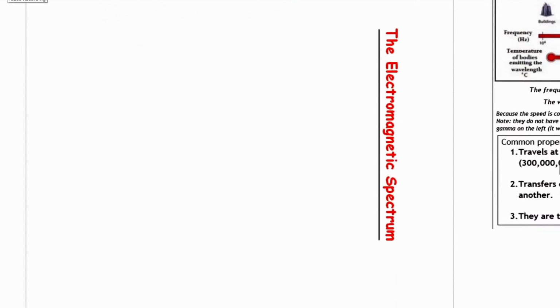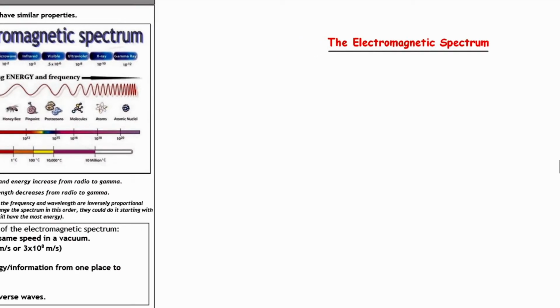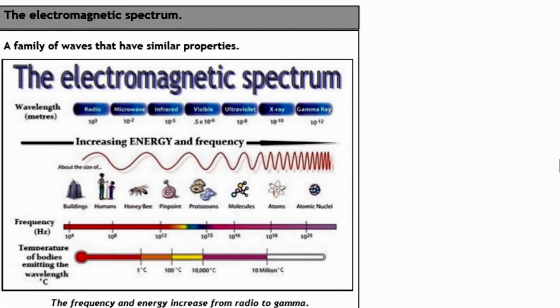Turn over to page 26. It's a blank page, which looks like this. What we are going to do now, together, is draw this, the electromagnetic spectrum, in order to help you remember and learn the different parts of the spectrum and the relationships of the different parts of the spectrum.